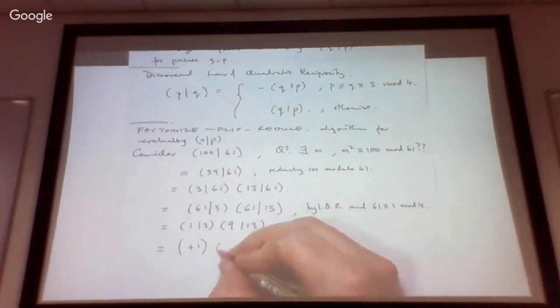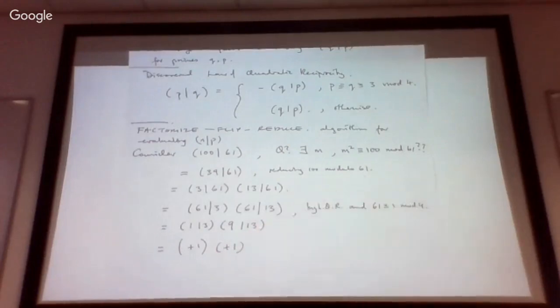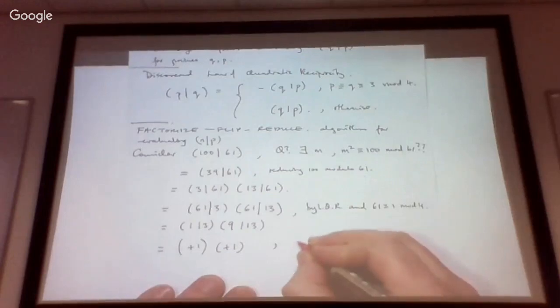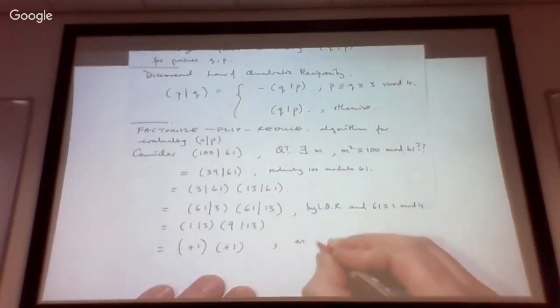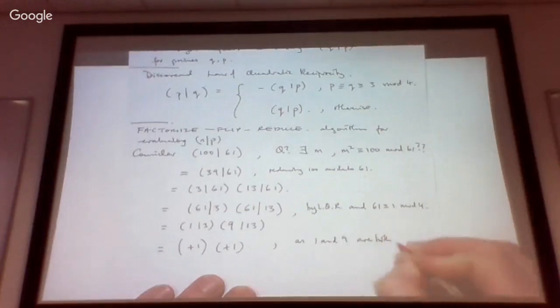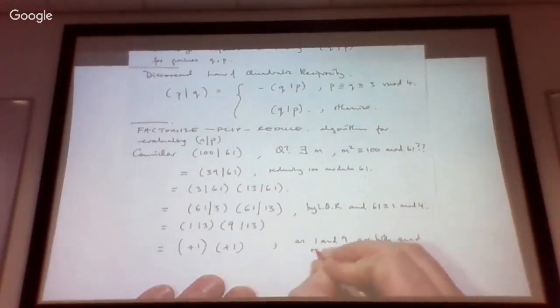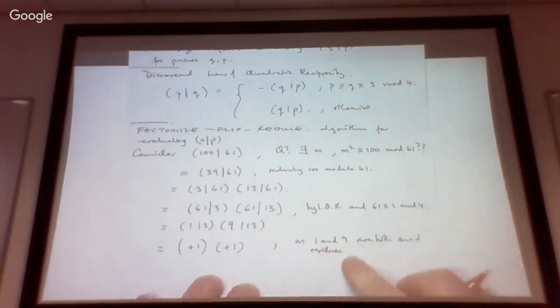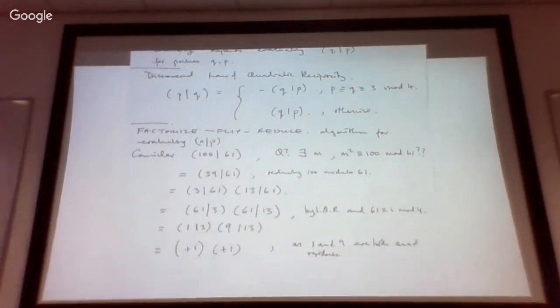We encountered a square integer that we could recognize as a square, so that's clearly plus 1. So 1 and 9 are both quadratic residues, irrespective of what the modulus is, but in particular modulo 3 and modulo 13. So plus 1.